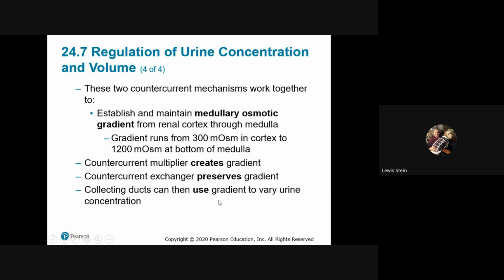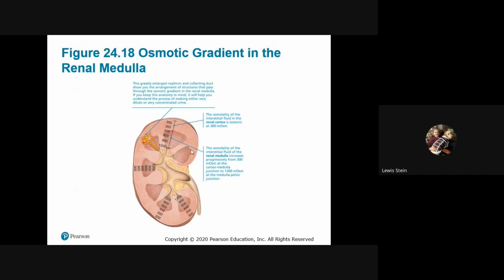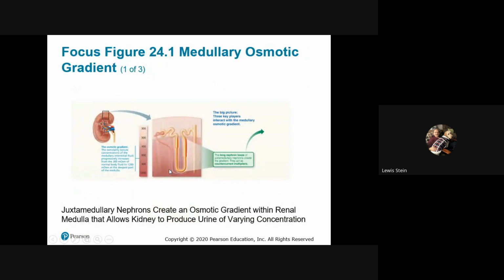And there's variation, so we can produce varying urine concentrations, just like if you're working out at the gym or outside on a hot day, that changes. So here, look at it. Out here in the cortical area it's effectively normal, and as you get down to the tip, it's substantially more concentrated.